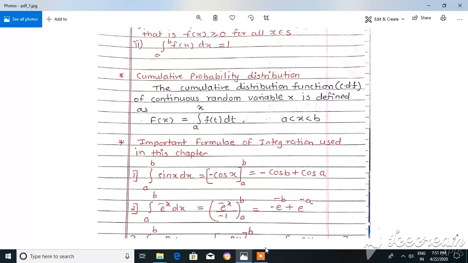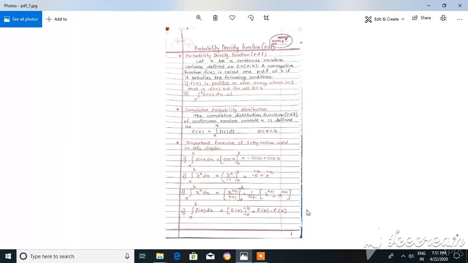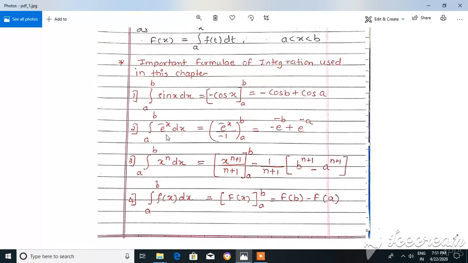It is minus cos b plus cos a. Similarly, the integration from a to b of e raised to minus x dx equals e raised to minus x upon minus 1, limits from a to b. So it is e raised to minus a minus e raised to minus b.